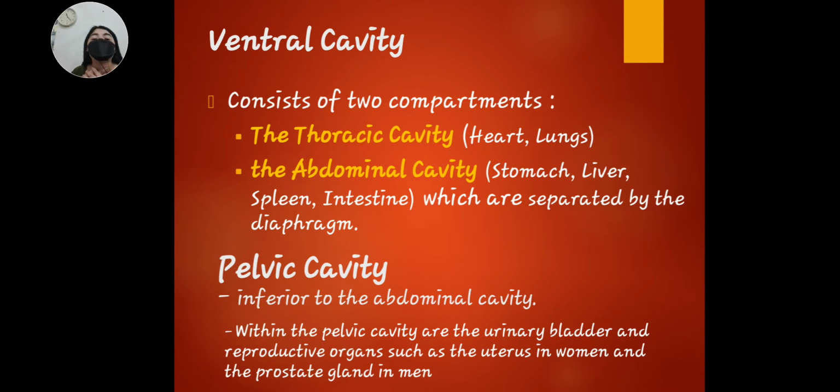So you can see the pelvic cavity is inferior to the abdominal cavity, and within the pelvic cavity you can see the urinary bladder and the reproductive organs, such as the uterus for women and the prostate gland for men. We will discuss that in the reproductive system, so much for the deeper explanation.